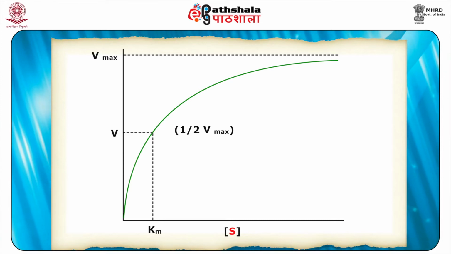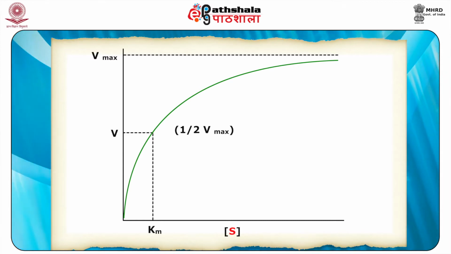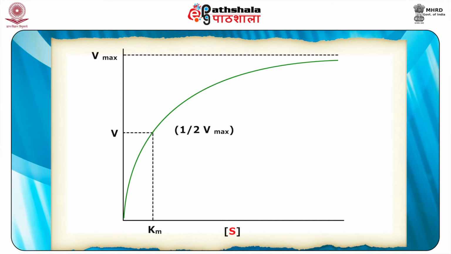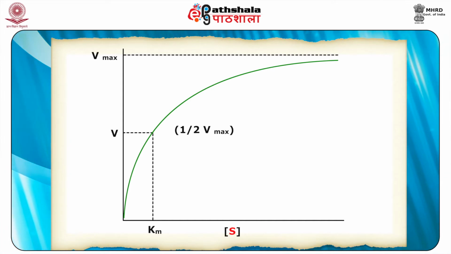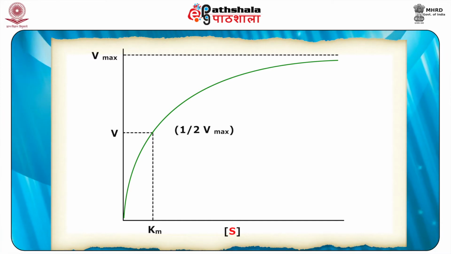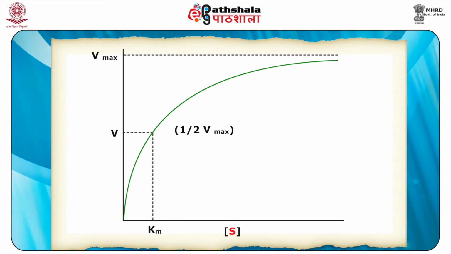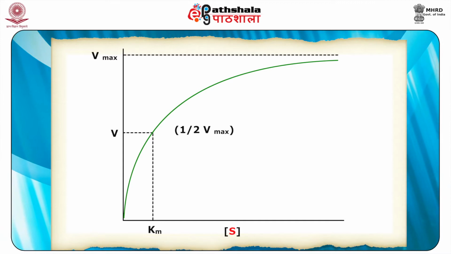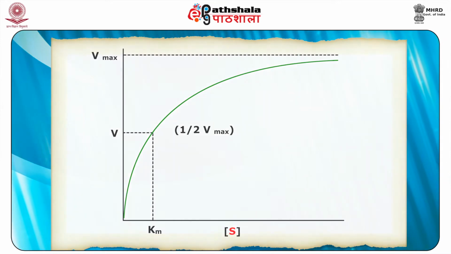The velocity on the y-axis should therefore be replaced by V0, indicating initial velocity, during which period at least 90% of substrate is intact.